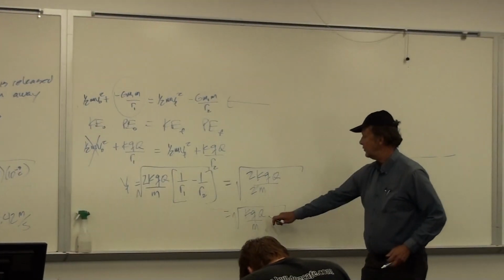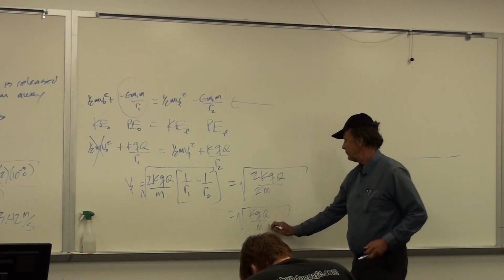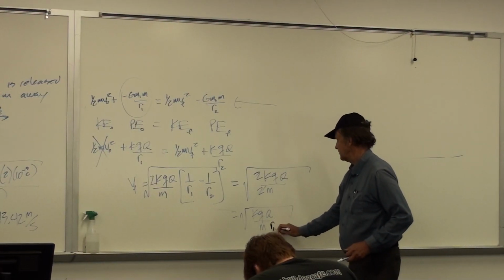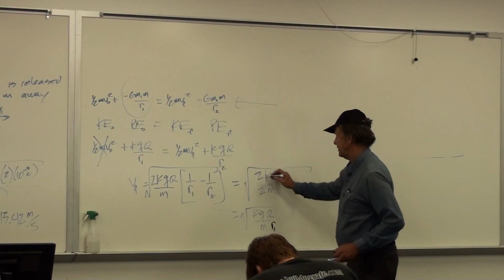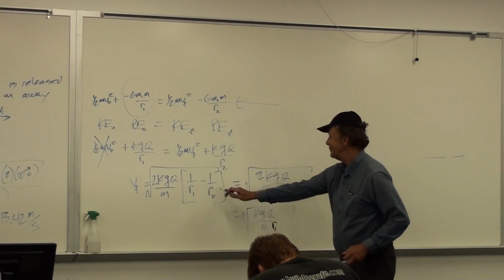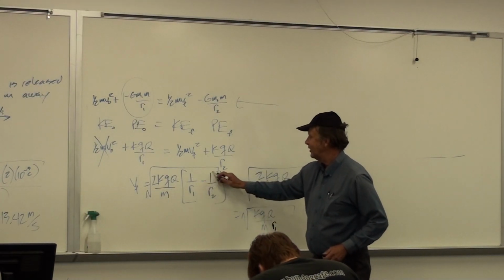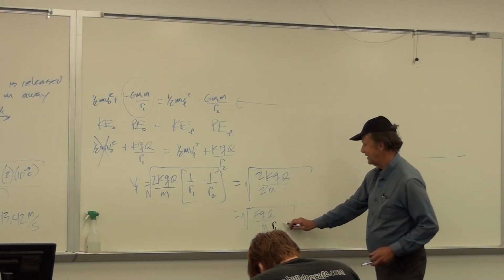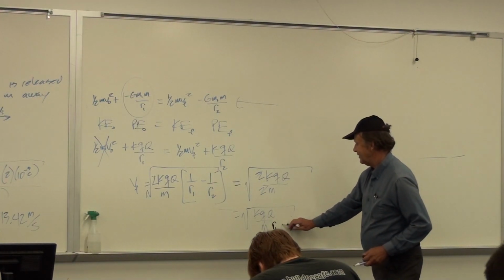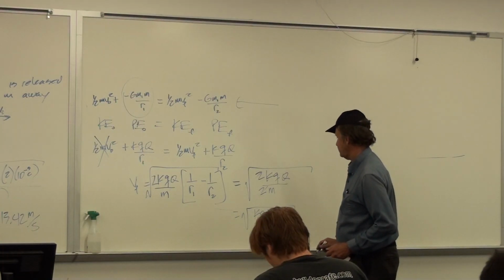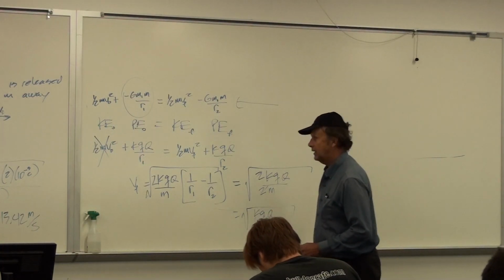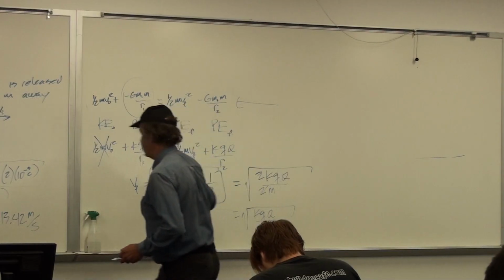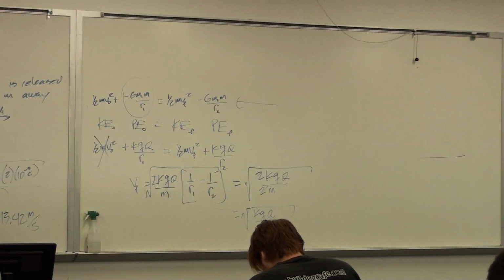It's going to be the square root of 2 bigger, because R1 is 1 here. And here we have R1 minus 1 over 2 R1, so that's 1/2 R1. So you just see here that we're different by a factor of the square root of 2.